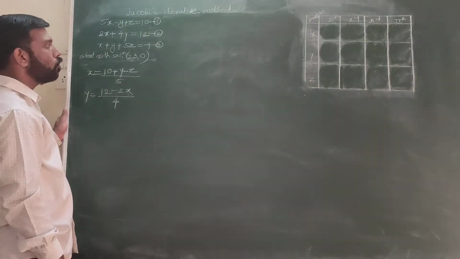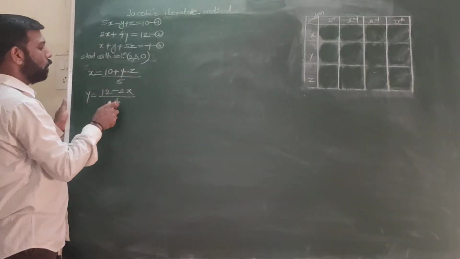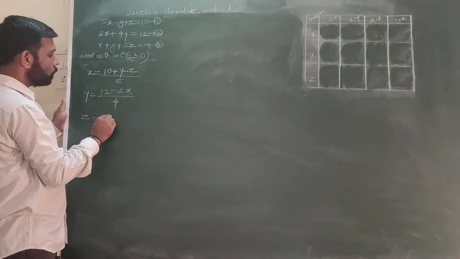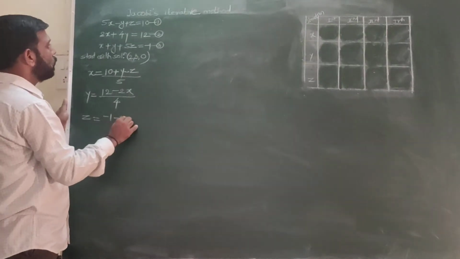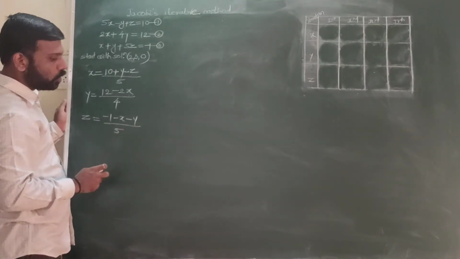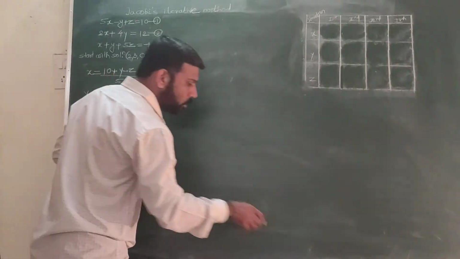Here the z coefficient is not there, so the coefficient of z is 0. The value of z equals (minus 1 minus x minus y) divided by 5. So this becomes our third value of z.